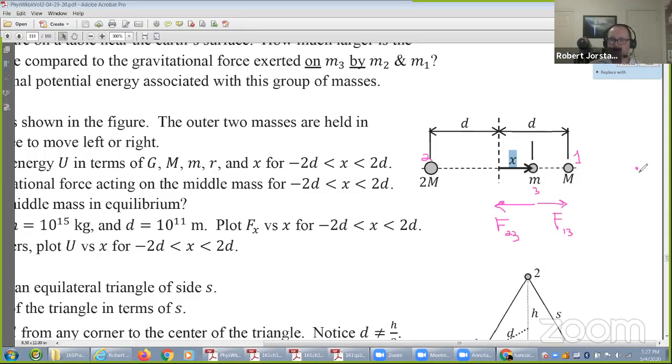If you're out here, they're both going to the left, so there you would need to add them. And if you're over here, they're both going to the right. That's the issue: sometimes they add together and sometimes they subtract from each other. When you're outside of here, you add the two forces together and put a negative i hat on it. When you're over here, you add the two forces and put a positive i hat on it. And when you're in between, this one gets a plus and this one gets a minus. Fairly complicated for a one-dimensional problem.